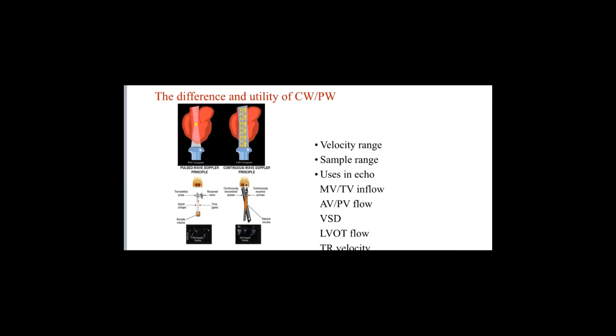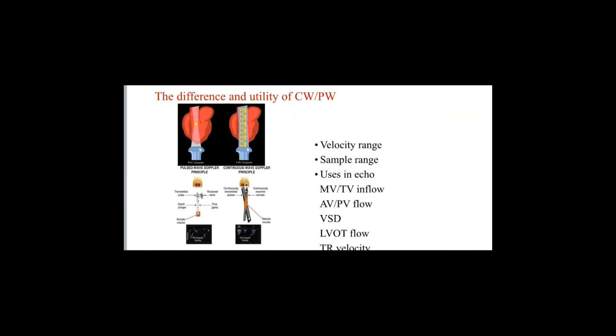Okay. So in other words, we are talking about velocity range and sample range. When we talk about velocity range, does CW have a wide velocity range or a narrow velocity range?